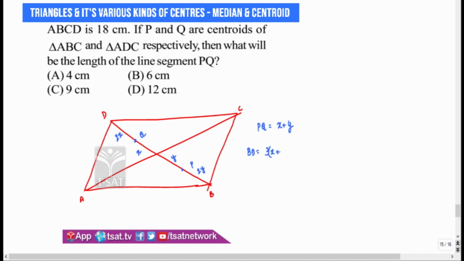Therefore, 3 into x plus y is given as 18, so x plus y is equal to 6 centimeters. So, the answer PQ is equal to 6 centimeters. Just remember, if P and Q are centroids, it is always 1/3 of the diagonal given.